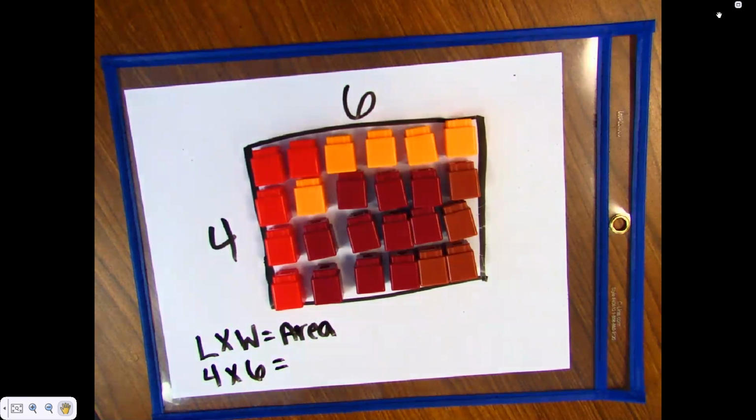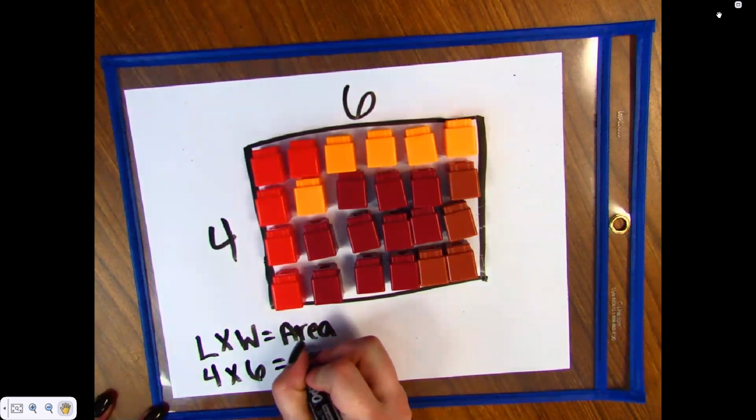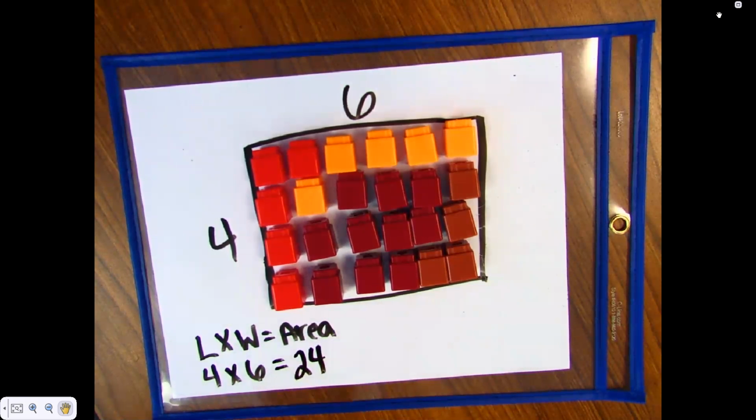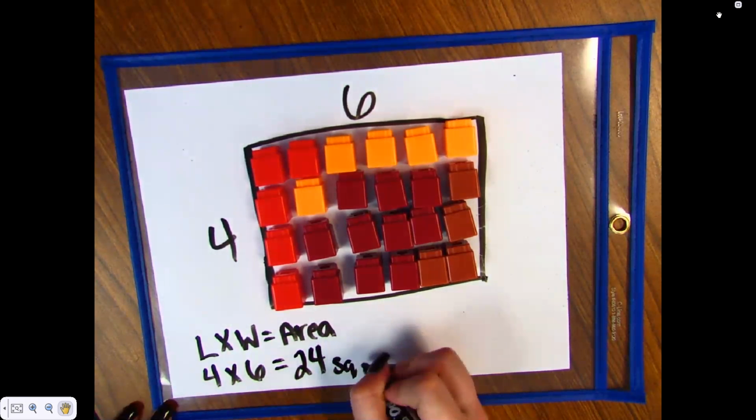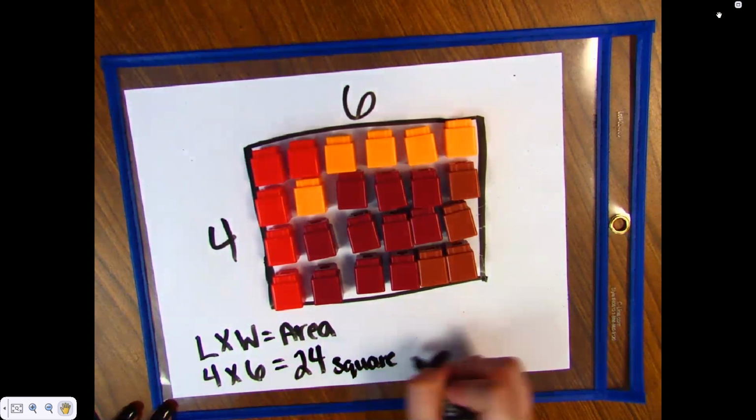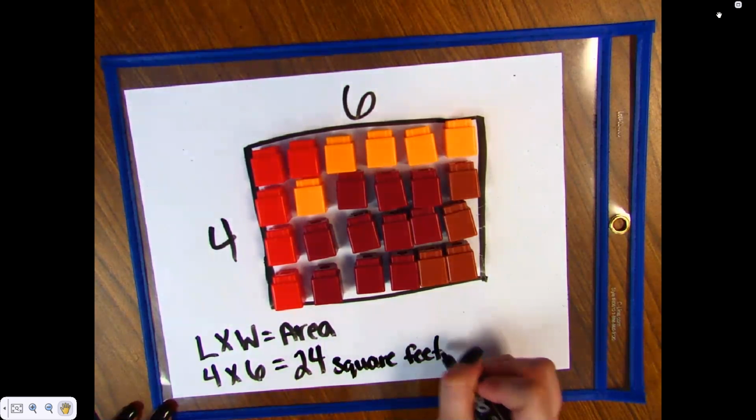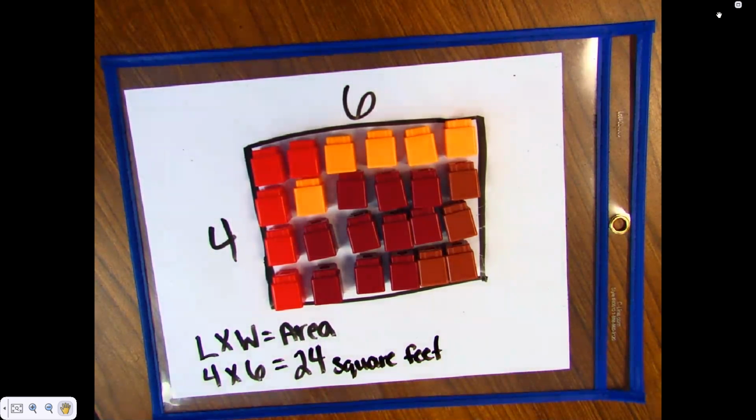Dimitri, what's 4 times 6? 24. Okay. So my area would be 24 square feet. Okay. Well, now I'm going to count my cubes on the inside.